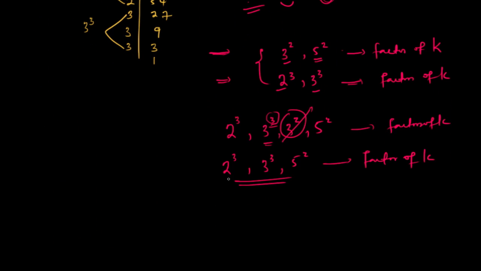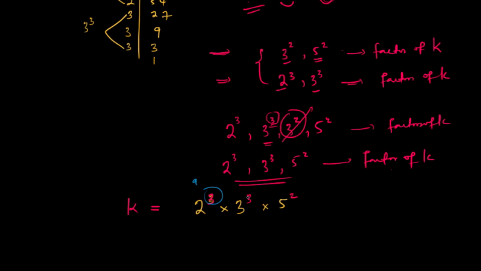So since 2 cube, 3 cube and 5 squared are factors of k, we could as well say that the lowest possible number that k can be is 2 cube times 3 cube times 5 squared.